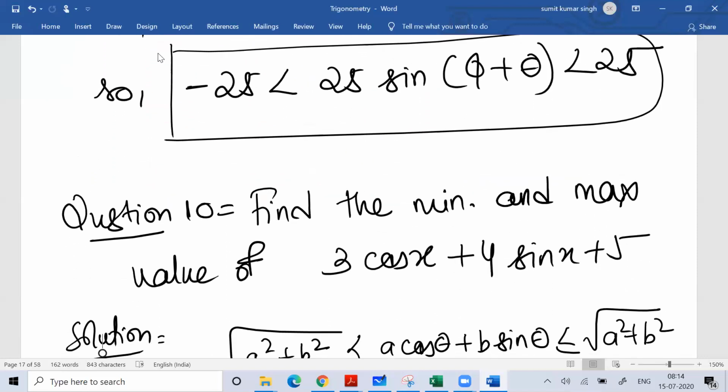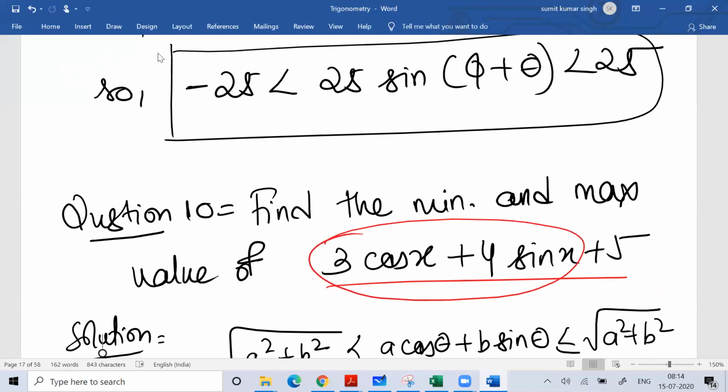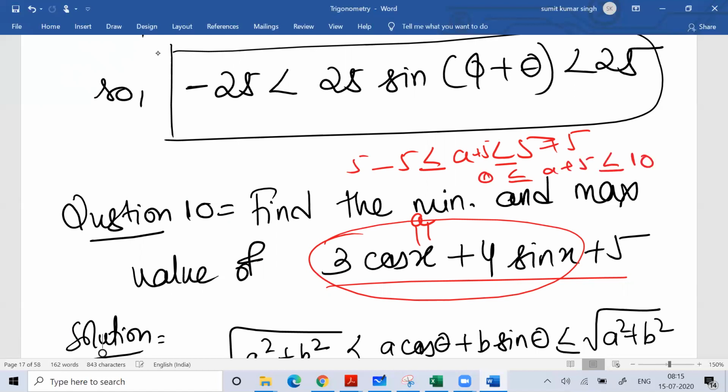Similarly, I can ask you to find the minimum and maximum value of 3 cos theta plus 4 sin theta plus 5. You know the minimum and maximum value of 3 cos theta plus 4 sin theta will be from -5 to +5. Now if I add 5 to both sides, this value will range from 0 to 10.